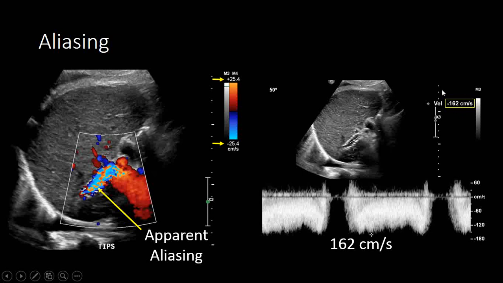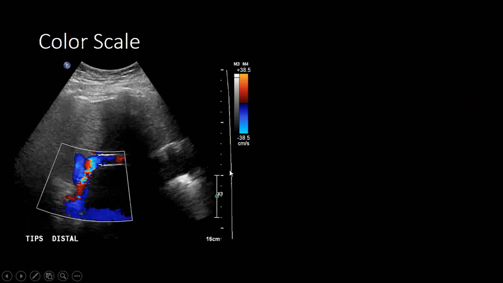So these velocities are high enough that they are going to cause artifactual aliasing due to the narrow range of our color scale. So because we do detect flow at this scale, we want to keep increasing our scale to be in a range that accommodates our high velocities and helps us detect areas of aliasing.